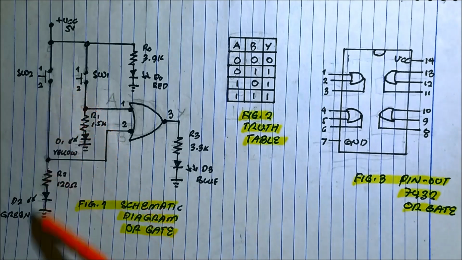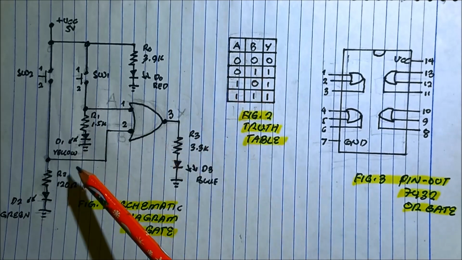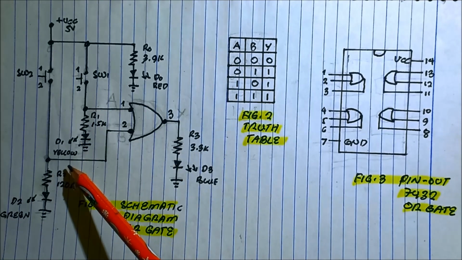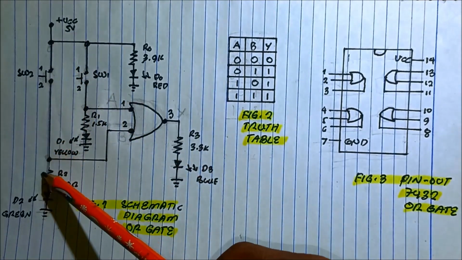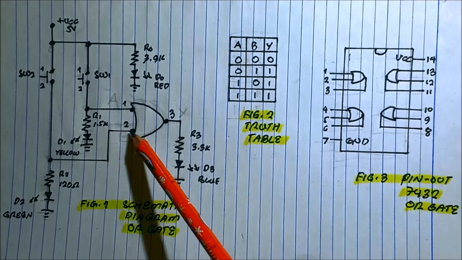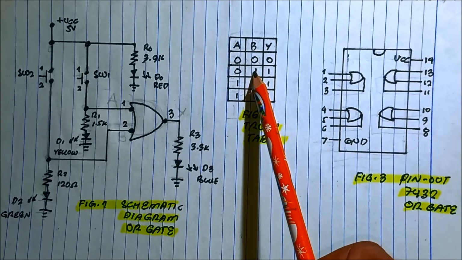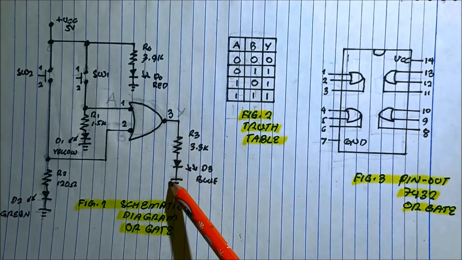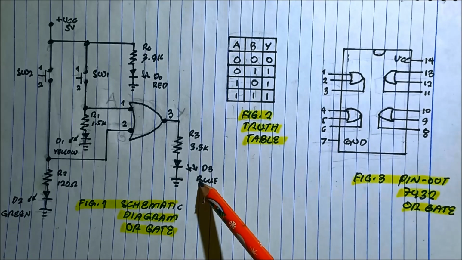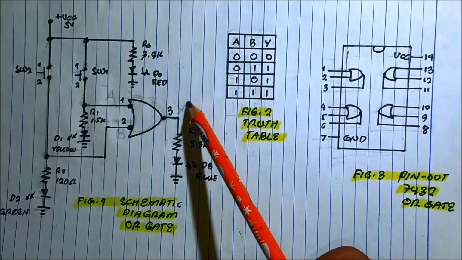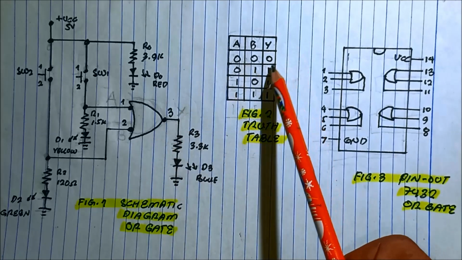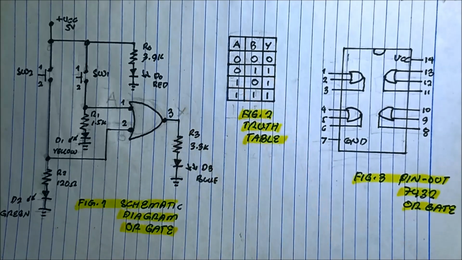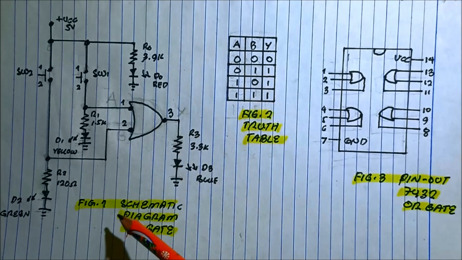If we have one input, the current flows from the 5 volts into the LED and injects current to pin number 2, or B. It will turn on the output. So that's why our Y, which is pin number 3, the output side of the OR gate, is 1, a high logic level, or it means it is on.